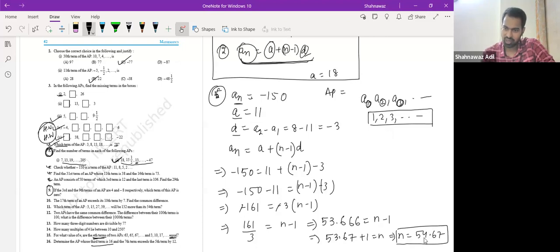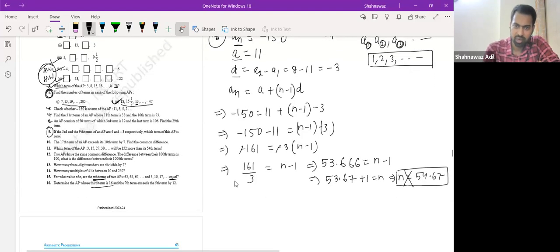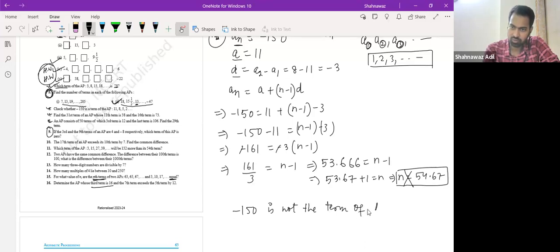So if n comes out to be a fraction, then this is discarded, which means that minus 150 is not a term of this AP, right? So is this clear to you guys? Yes, sir.